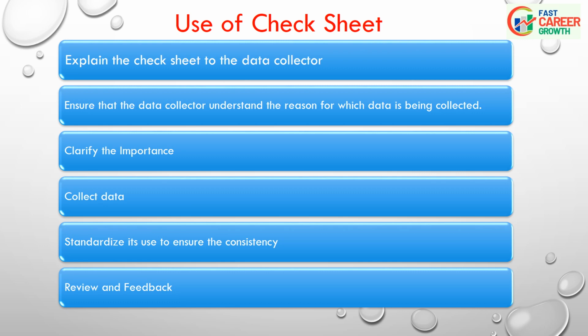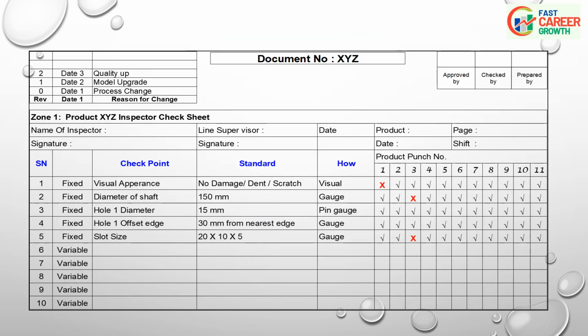Next, this is a sample check sheet. This type of check sheet is used for inspection or new prototype development. It is user-friendly because the inspector or operator has to just tick mark, with minimum effort to fill the check sheet. First, fill the document number as per your document register.